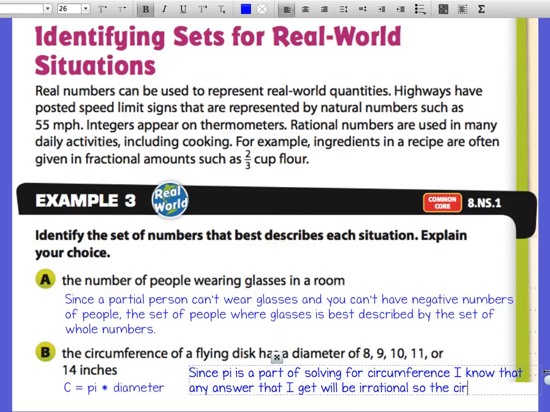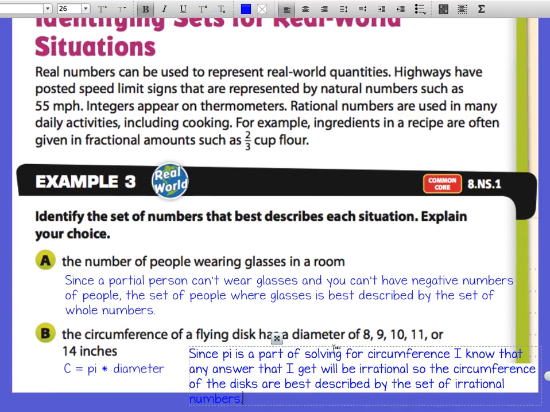So the circumference of the discs is best described by the set of irrational numbers. Goodness, that's a lot.